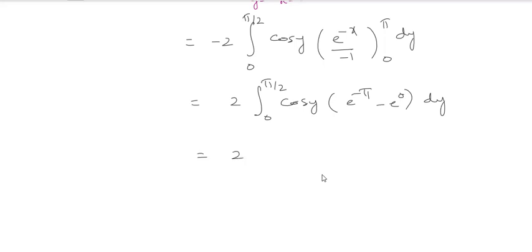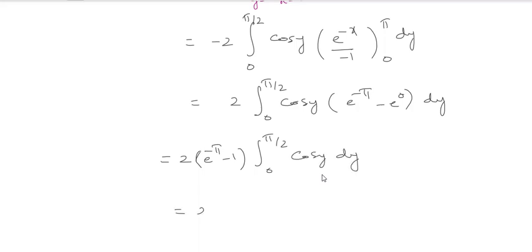So which is 2 into integral 0 to pi by 2, e^(-pi) minus 1 I can bring outside, into cos y dy will be there.